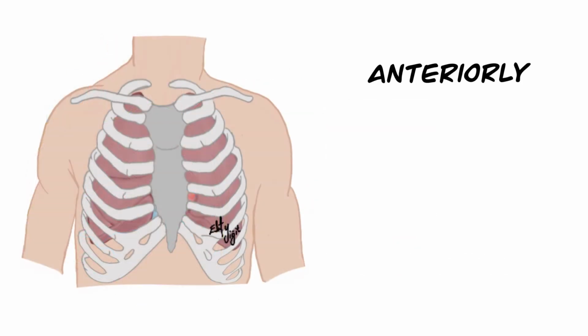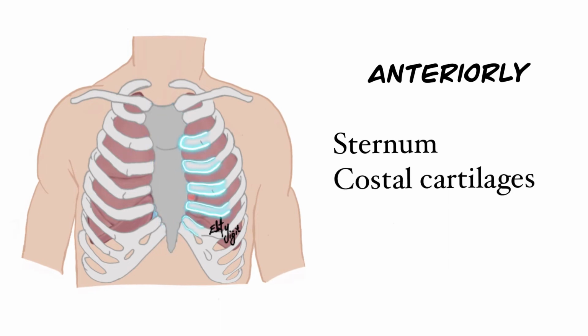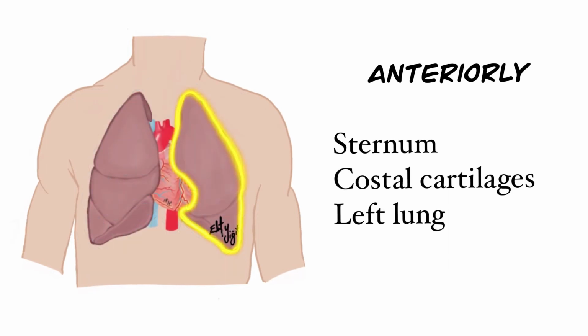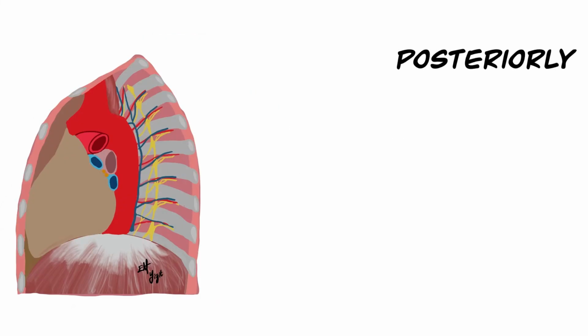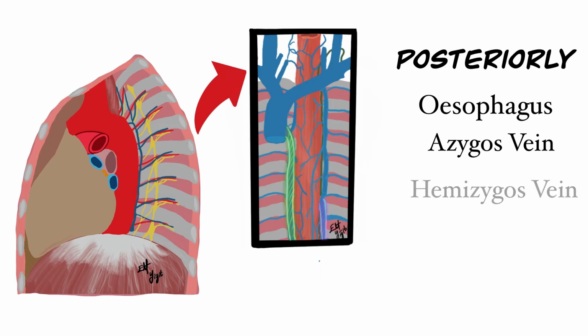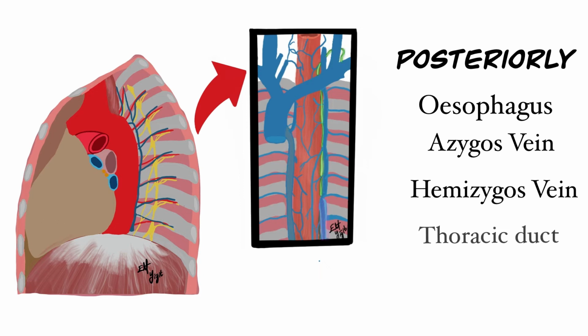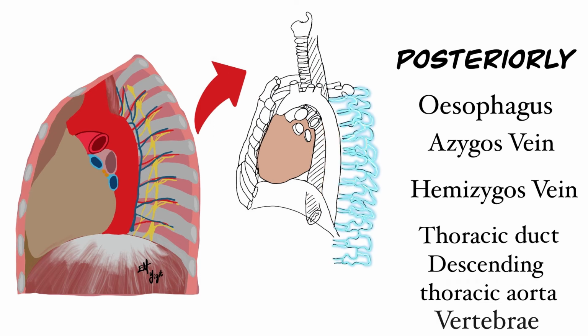The heart has relation anteriorly to the sternum, adjoining costal cartilages, left lung, and apex of the pleura. Posteriorly, on the back side, it has relation to the esophagus, azygous vein, hemiazygous vein, thoracic duct, descending thoracic aorta, and vertebra.